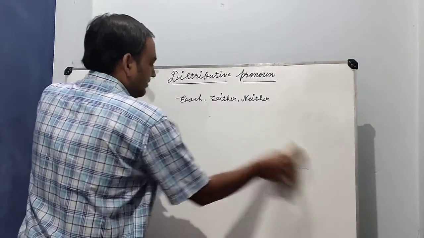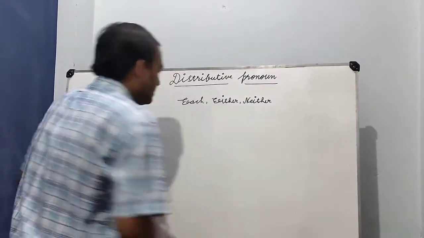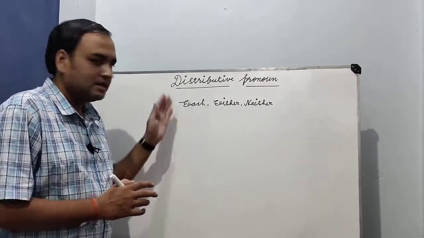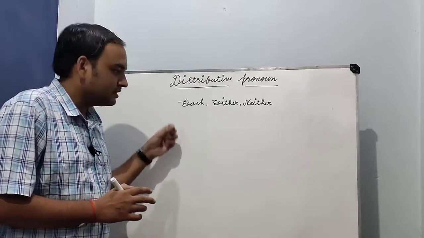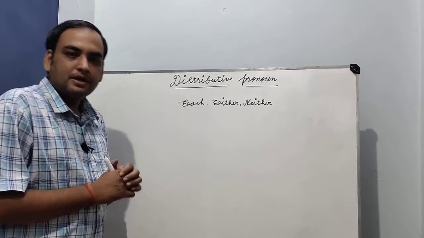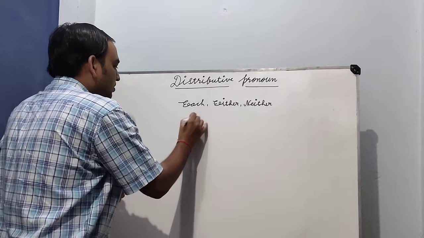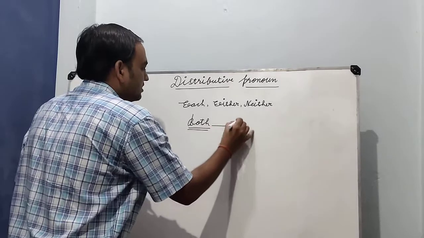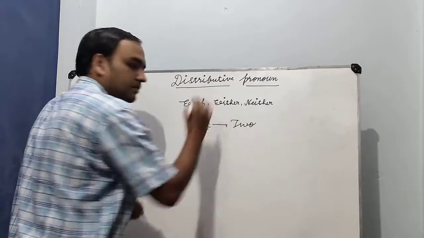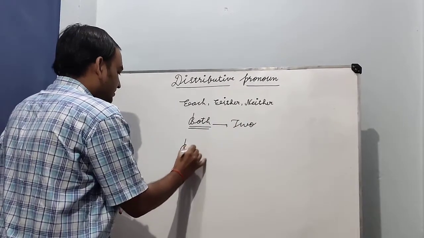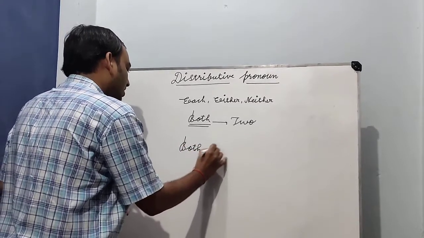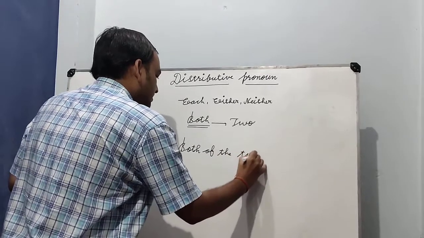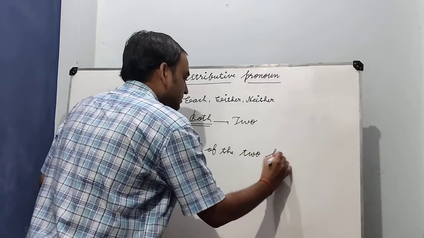Okay, so we have discussed here about each, either, neither, any or anyone, and in the last I have told you none. Now, what is the meaning of both? Both is basically used for two. So I am using this pronoun: both of the two boys are careless. It means both the boys are careless, they do not do any work properly.